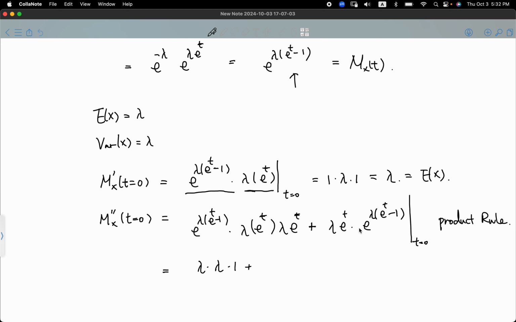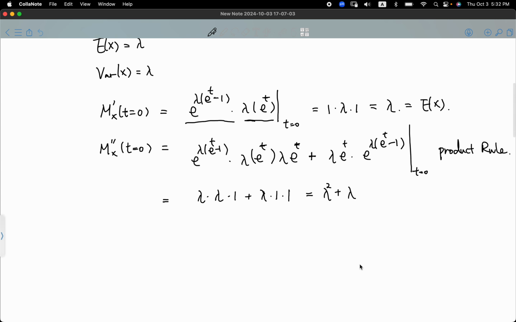And then for the second term, when we plug in t equals 0, we have one copy of lambda, and then one copy of 1, and then multiply by, let's see, also a 1, right? So in the end, for the second order derivative, after we set t equals 0, we have lambda squared plus lambda. So that is the result for the second moment.